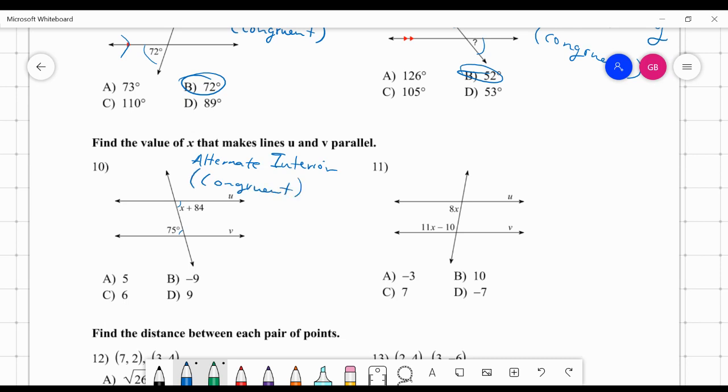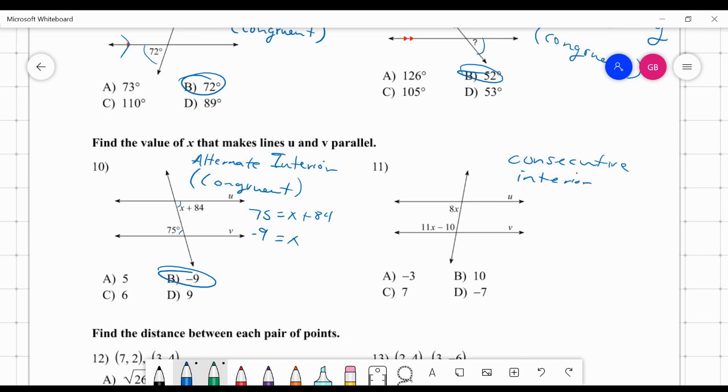And if they're congruent, then 75 is equal to x plus 84. So if I subtract 84 from both sides, you get negative 9. Okay. For 11, these two angles are consecutive interior.